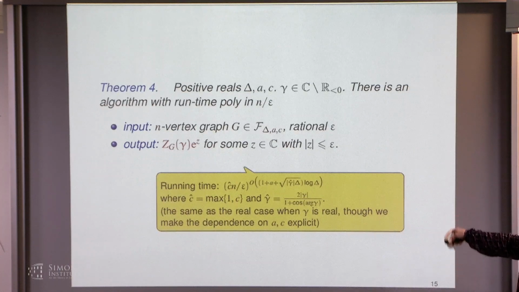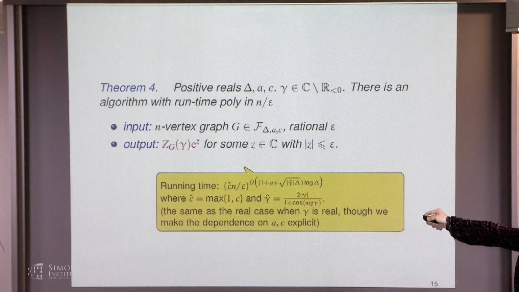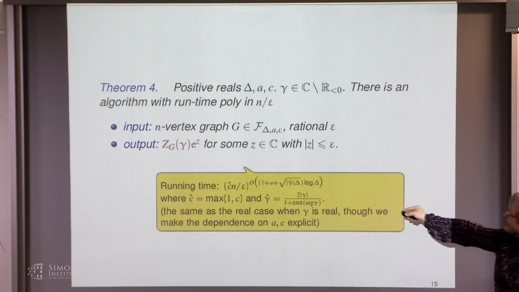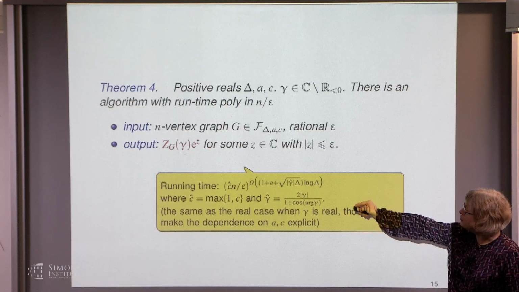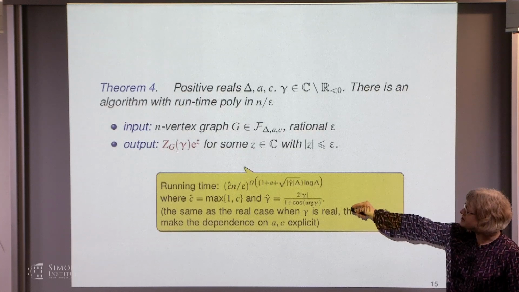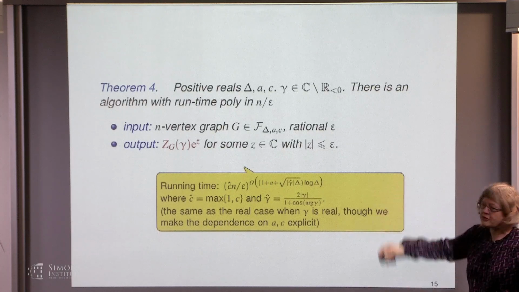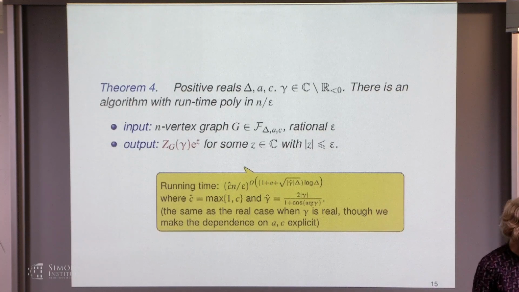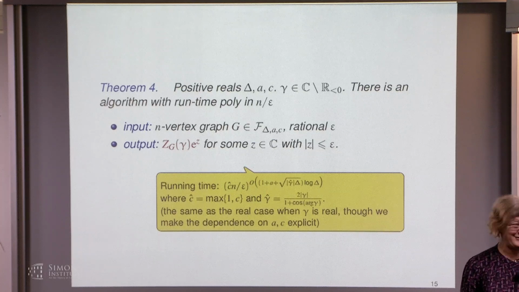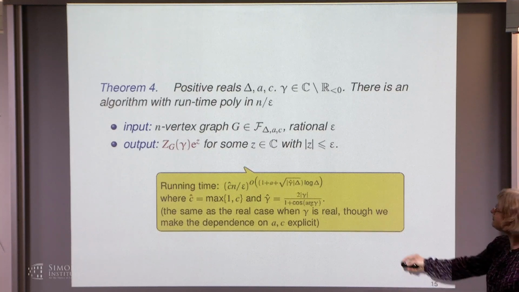So what I wanted to tell you is that there's an algorithm that takes as input a graph and an epsilon, and what does it do? It approximates the partition function up to some factor e to the z, where z is a complex number with norm at most epsilon. This is the natural way to generalize if you write your f-pres in one particular form.